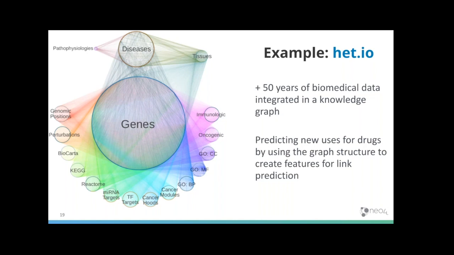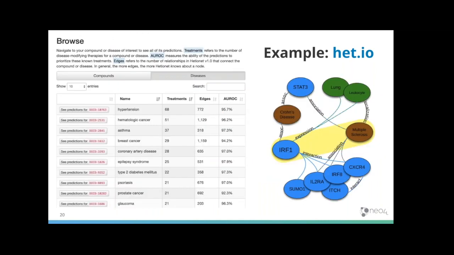And so they use the structure of a graph to create features using graph algorithms and queries and various different methods to then try to predict a link between different genes and drugs and, well, it's genes and medical conditions and then potential drugs. So you can actually go online and search through this data.